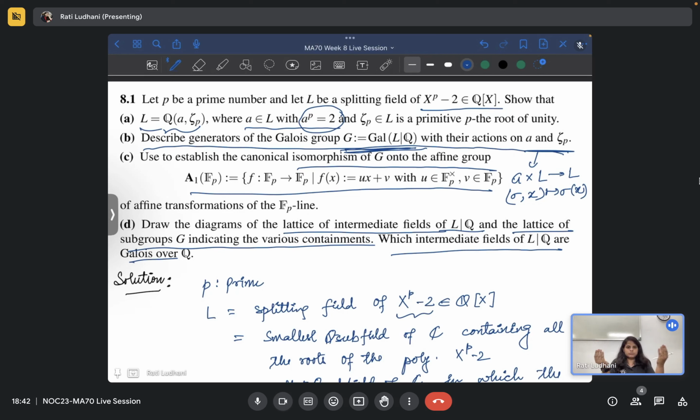We have the map also. We know that if we have a subgroup, then we can get back to the intermediate fields using fixed fields, right? We did it last time also. So firstly we should check, it looks like this should be a Galois extension, but we have to prove that.